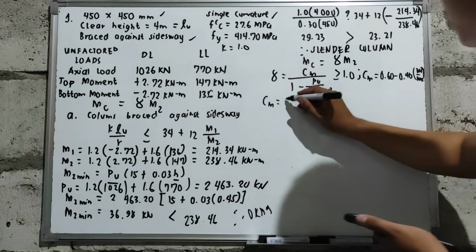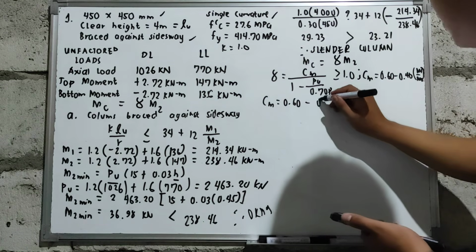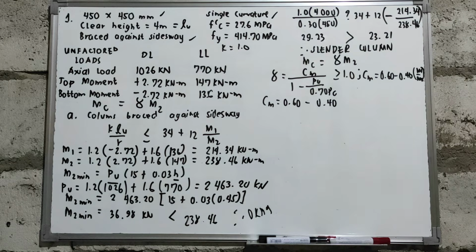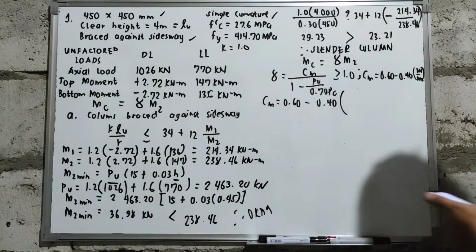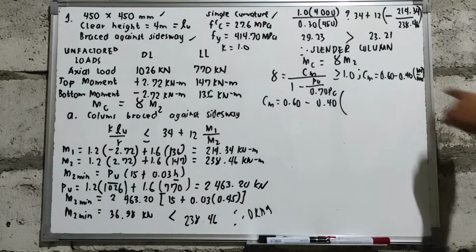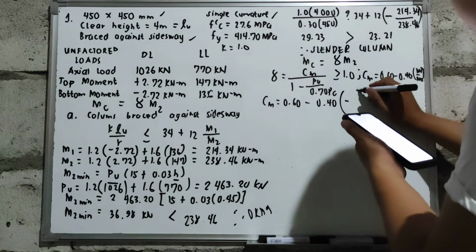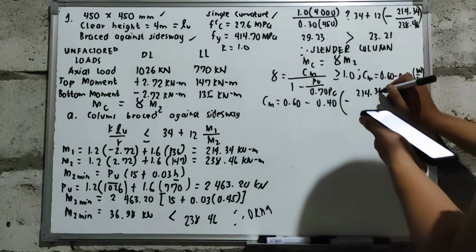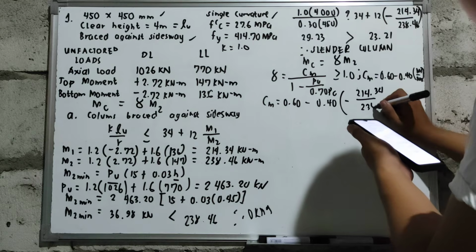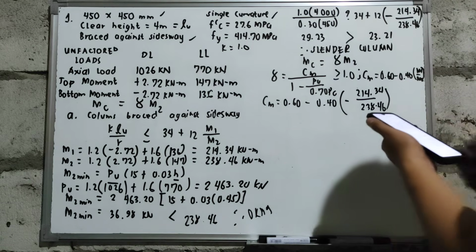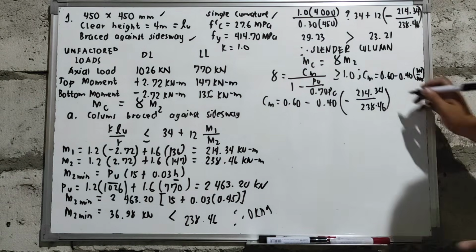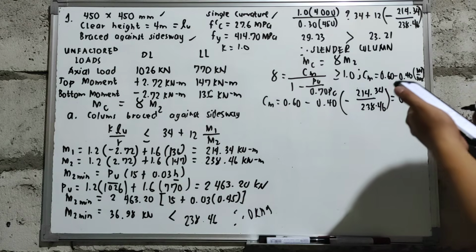So that is equal to 0.6 minus 0.4. So since single curvature rin tayo, yung ratio ng m1 over m2 natin, that will be negative over 238.46. So the value of your C sub m will now equal to 0.96.